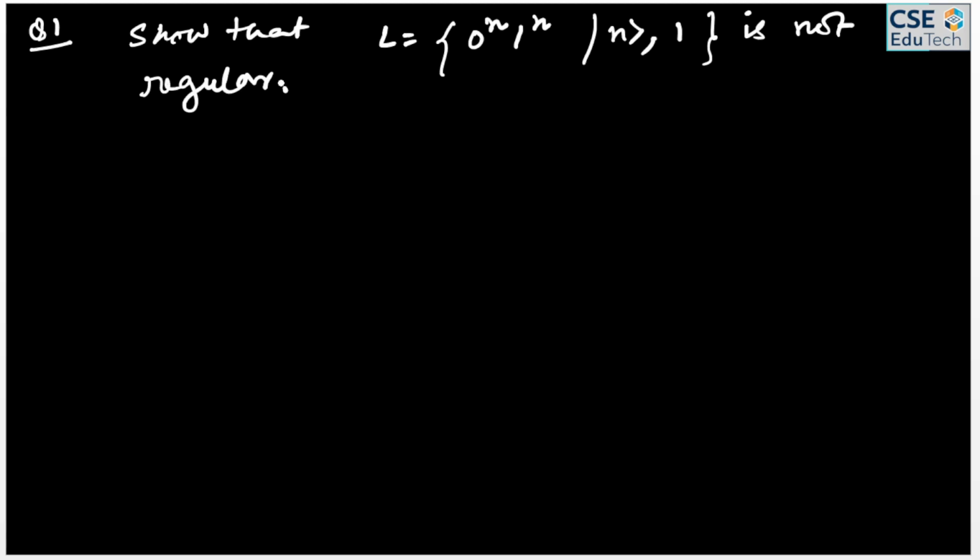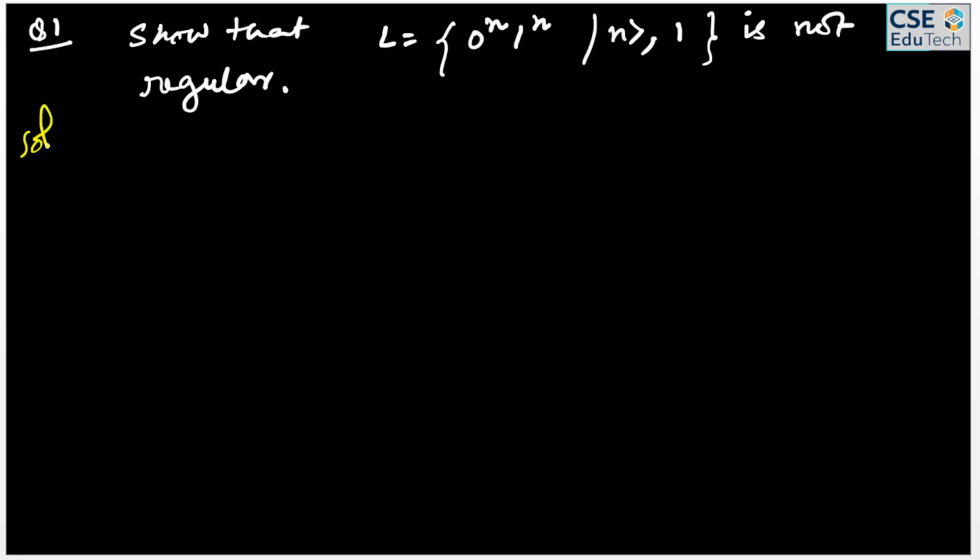That means there is no finite automata which can be designed or drawn that will accept the same number of 0s followed by the same number of 1s. So now we can solve this.